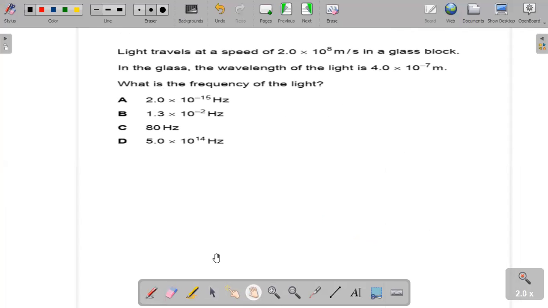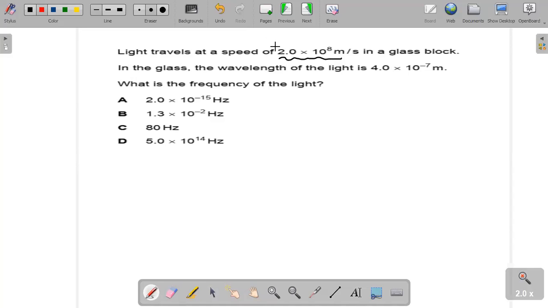We have here, let's extract the givens. Light travels at a speed, so this is the speed of light. Let me ask you a question. We'll give it the symbol C or V? V, not C. It's not the speed of light in air or in vacuum.